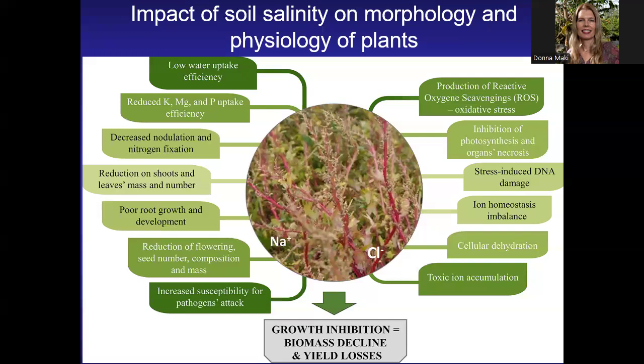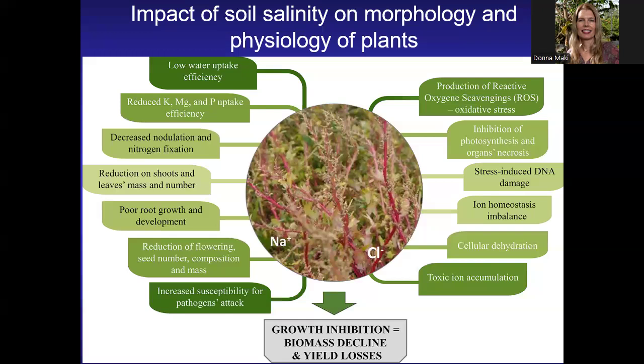So you can see here, we talked about, they just have a hard time taking up water. You have nutrient lockout often where key minerals can't get in as easily. For legume plants and other plants that do nitrogen fixation with their bacterial partner, that can really suffer as well. So that's a bad situation. And then it just impacts the plant negatively. Salty soil, the root systems aren't normal and they're decreased. The surface area isn't as good.